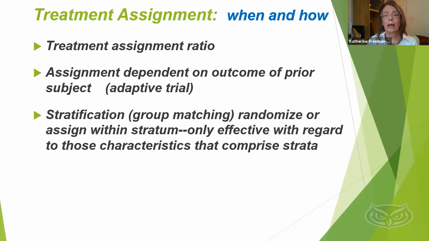So NIH really mandated that there be clinical trials that would include women, and that they would be dealt with statistically appropriately in terms of the design by stratifying according to gender.